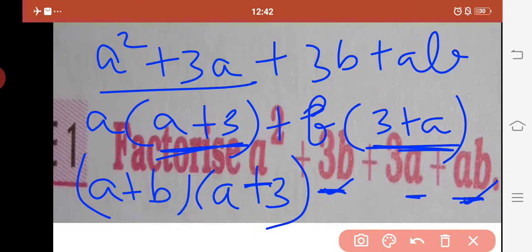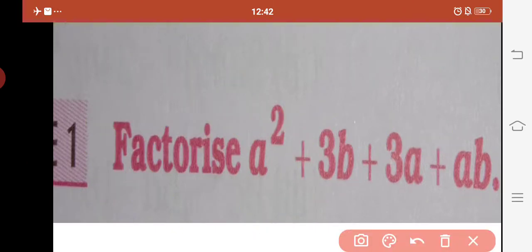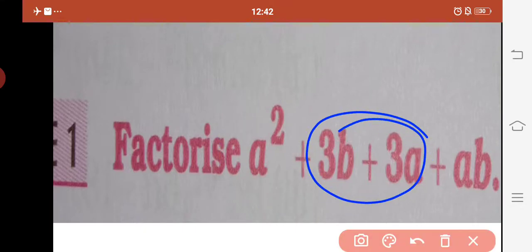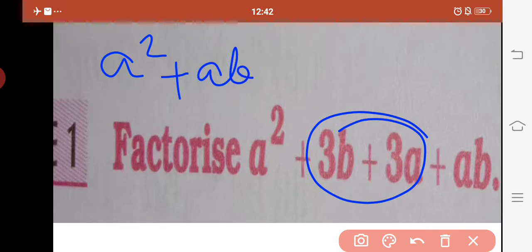This is one way we can do it, and the other way is, not this one, because nothing is the same in it. Either we can have, since 3 is common, a square, you can just take all the common terms. It's up to you what way you do. Like I have told you the first way, just to make the common term, and then this is the second way.